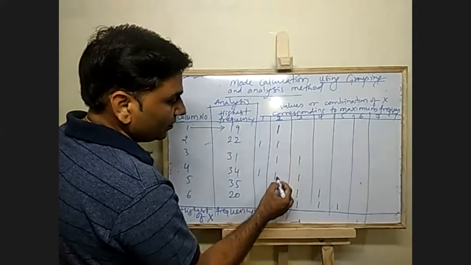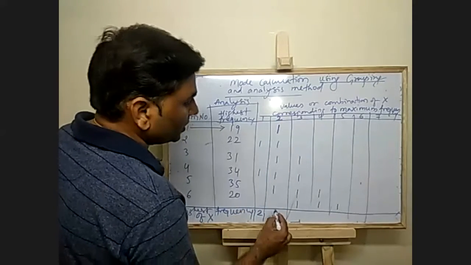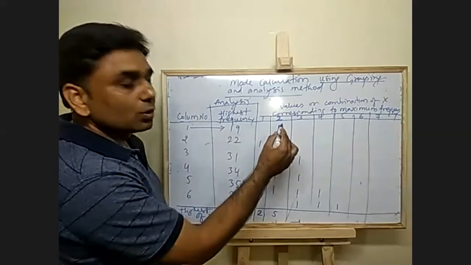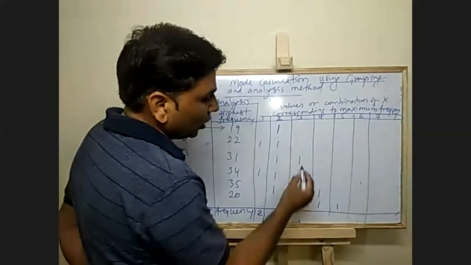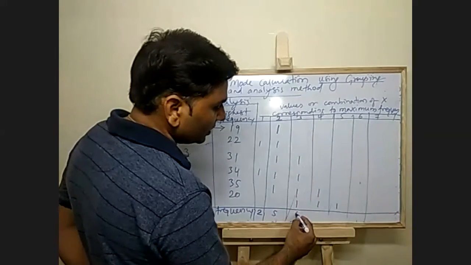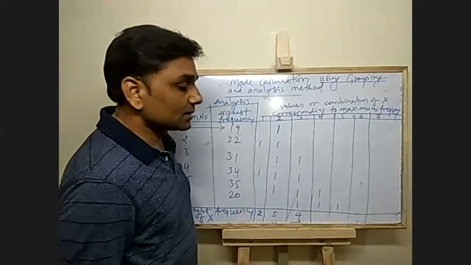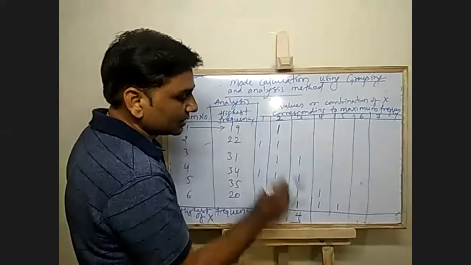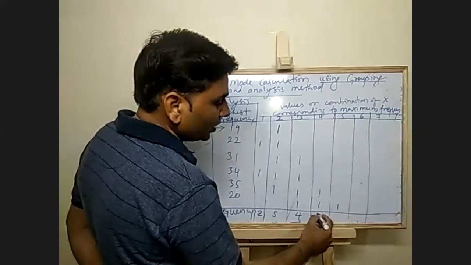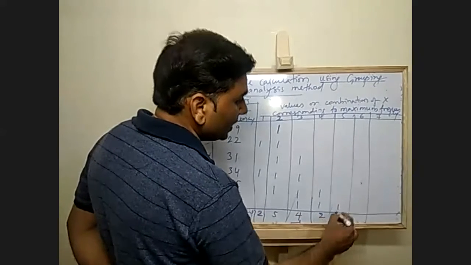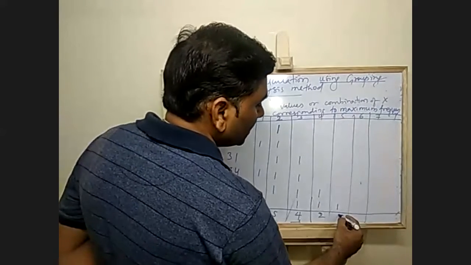For x2, 1, 2, 3, 4, 5. X value 2 has come 5 times. X value 3 has come 4 times. X value 4 has come 4 times. And 5.